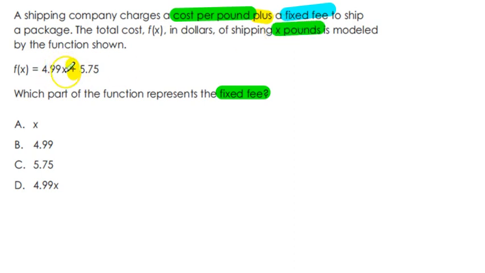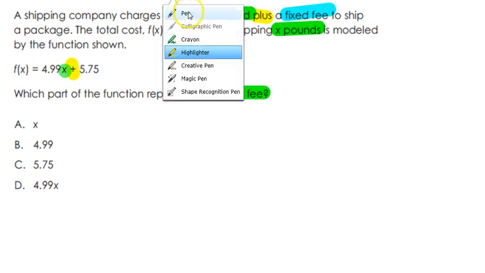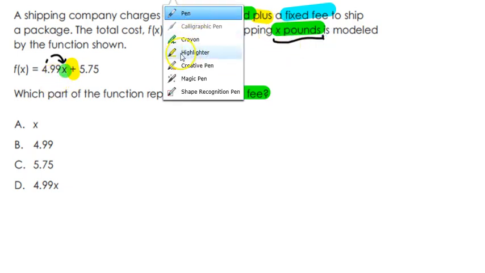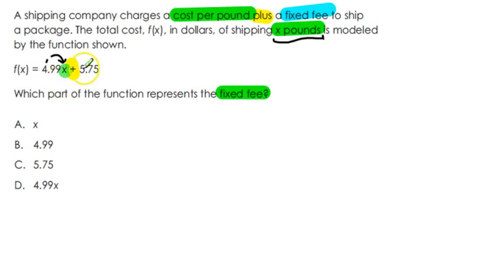So x very specifically is pounds. 4.99 goes with x because they are tied together. So it's not going to be 4.99. It's not going to be x. It's not going to be both of them because that is related to your pounds. The fixed fee must be 5.75.